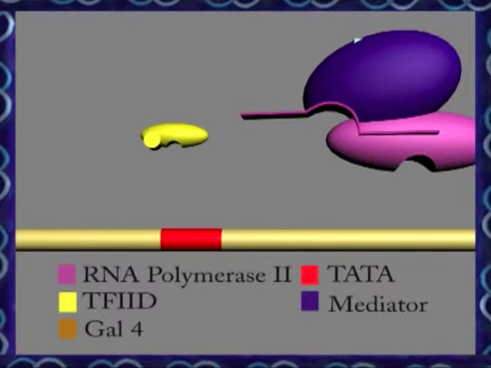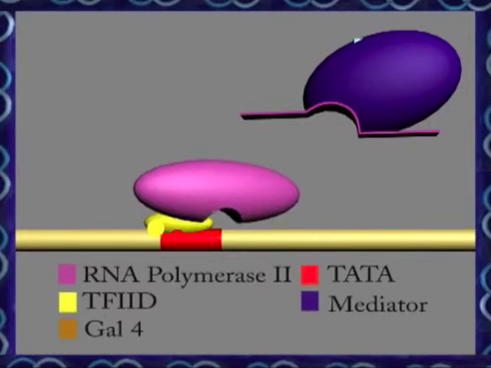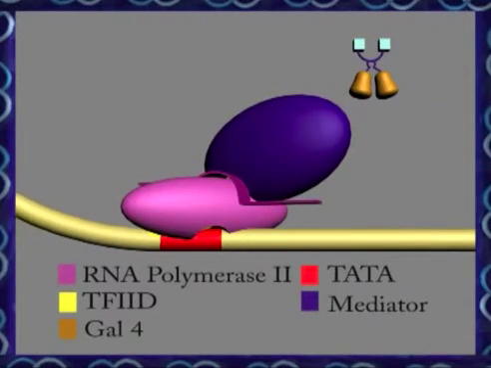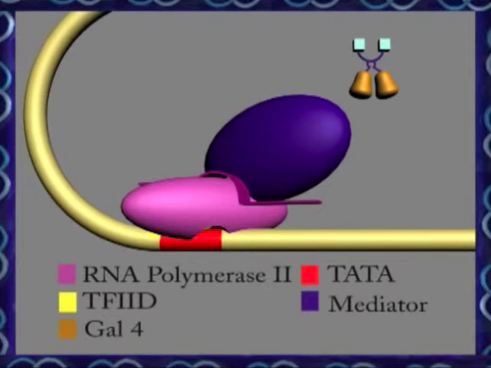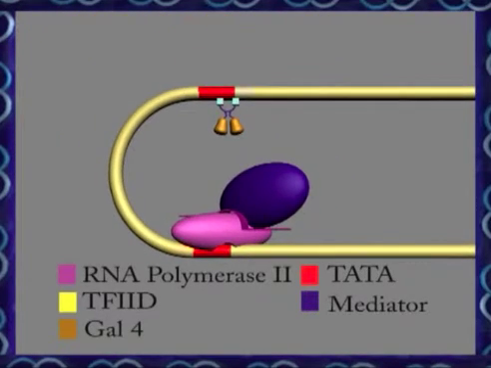GAL4 also interacts with the large mediator complex, which directly interacts with RNA polymerase II to recruit it to gene promoters. The mediator complex is an example of a co-activator, a term applied to a protein or protein complex that facilitates gene activation by a transcription factor, but that itself is neither part of the transcriptional machinery nor a DNA binding protein.